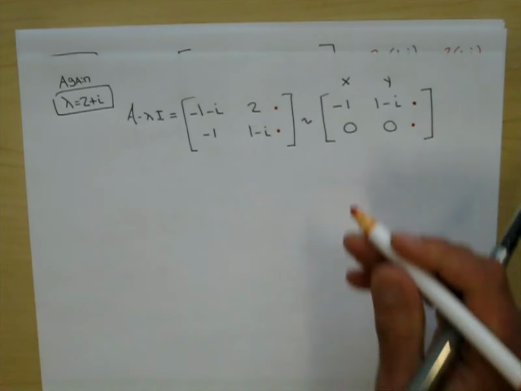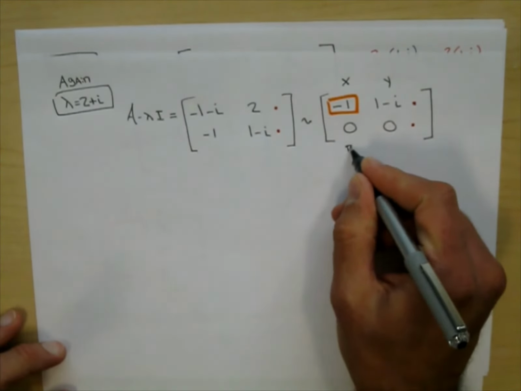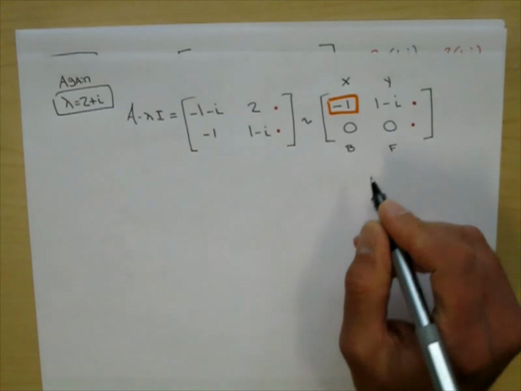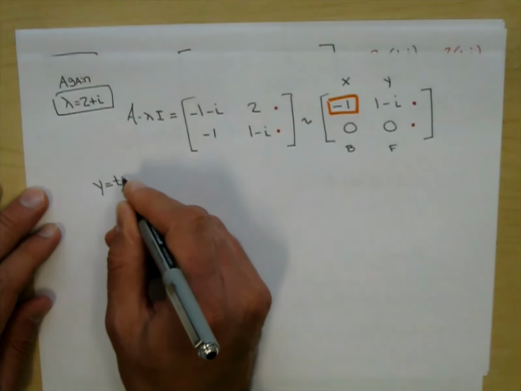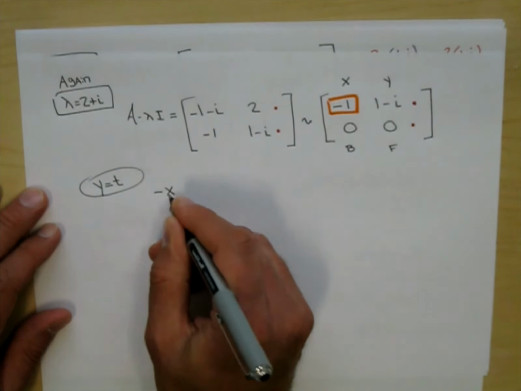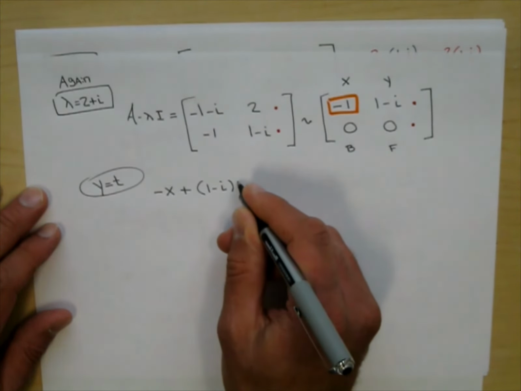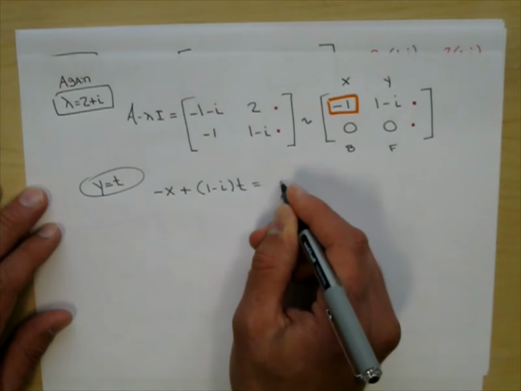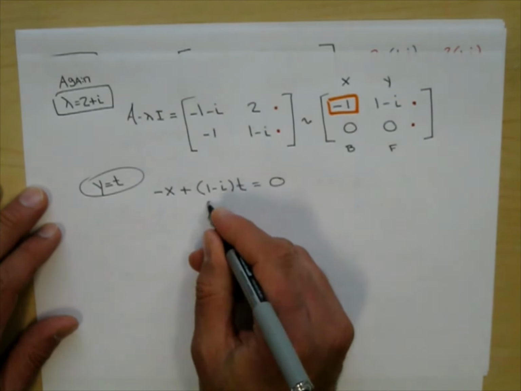So x happens to be bound. y is free. Watch what happens now that I'm doing it this way. y is t, and my first row says minus x plus 1 minus i times t is 0. So I'm bringing the x to the other side of the equation.